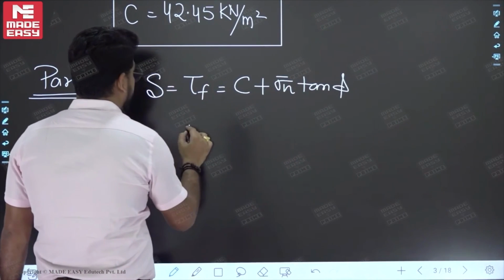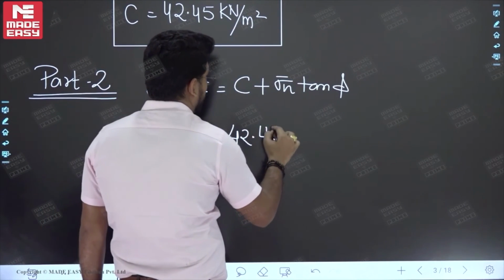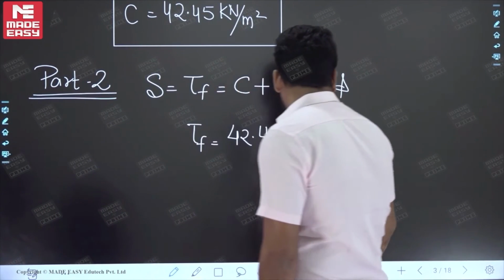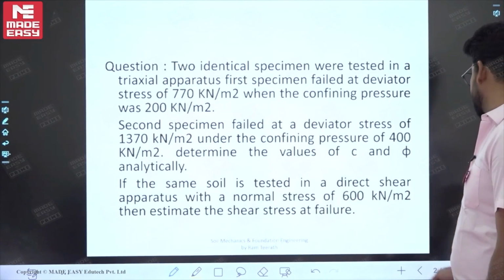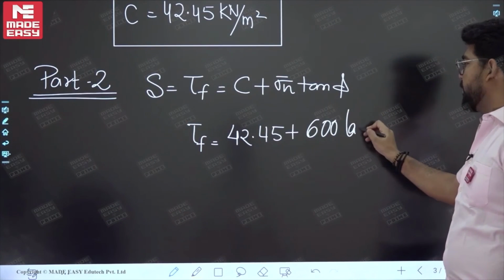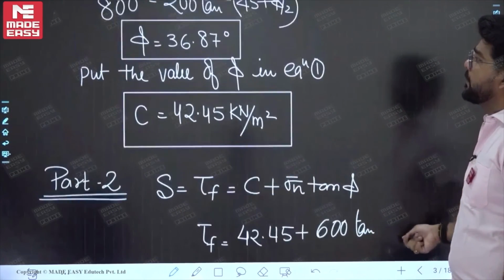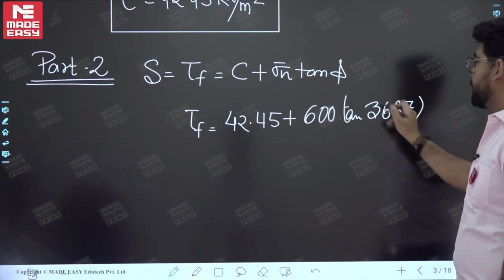Okay. So now tau F equals C, which is 42.45, plus, since nothing is mentioned about the pore water, this total stress, whatever the normal stress is, that is 600, we take the same here also. That is 600 tan phi, and phi equals 36.87. Clear?